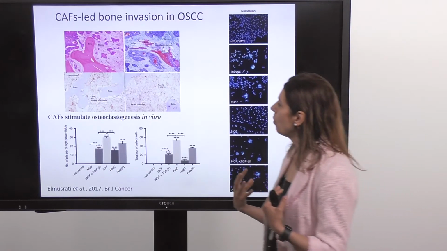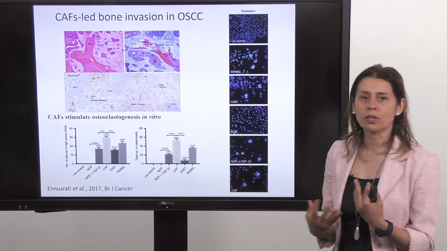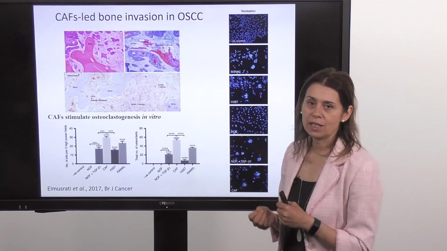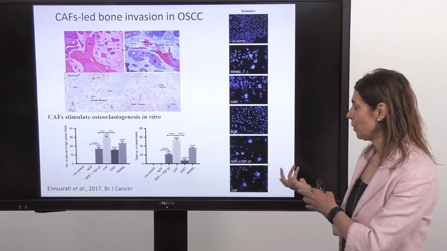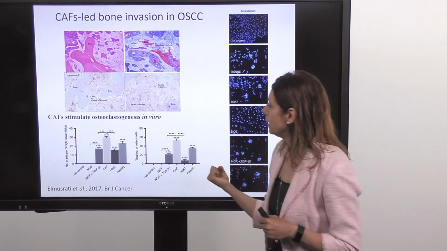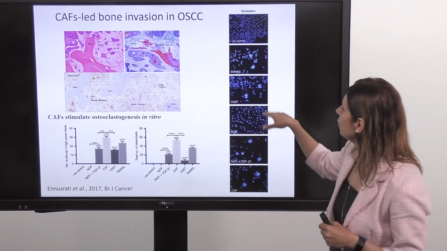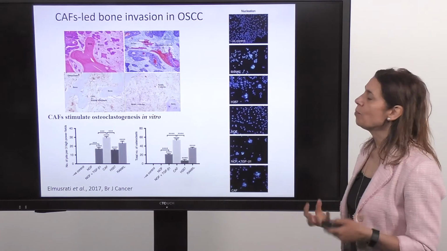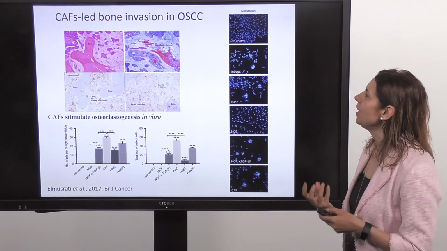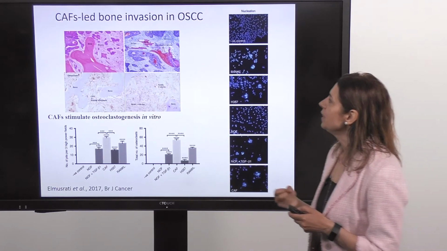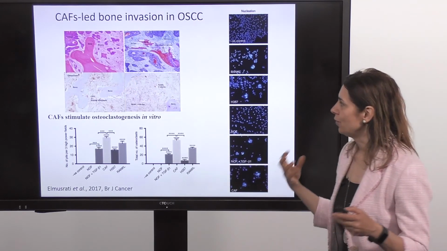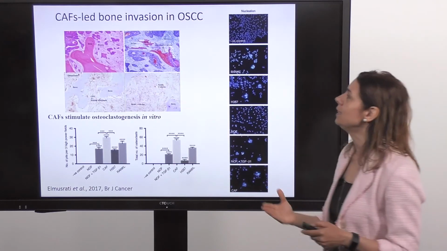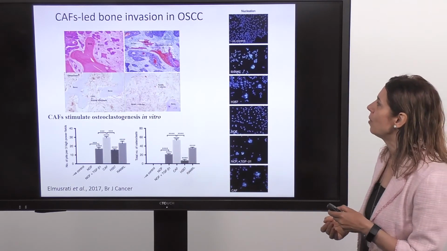And this abundant stroma expressed some markers that are important for osteoclastogenesis. And using also experimental models, this group have shown that the fibroblasts were able to stimulate osteoclastogenesis in vitro, suggesting that the fibroblasts are actually the key component involved in the stimulation of bone resorption, and they suggest that the cancer-associated fibroblasts are actually leading the bone invasion in oral squamous cell carcinoma.